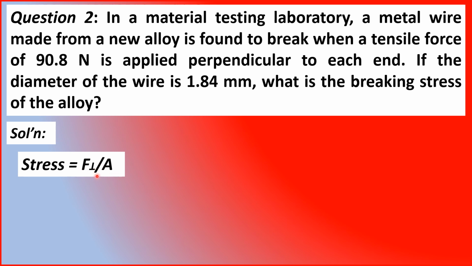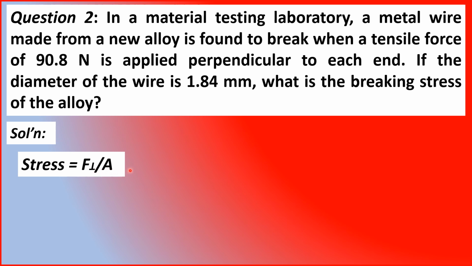Take note that the tensile force in this situation, as well as in this formula, is perpendicular, okay, to the surface area of the cross-sectional area of the metal wire.